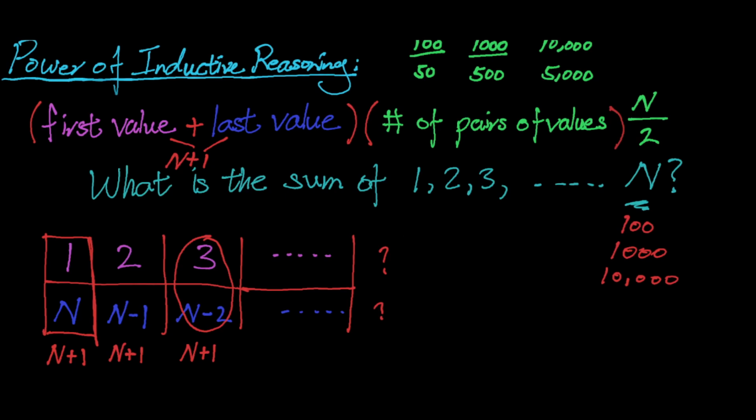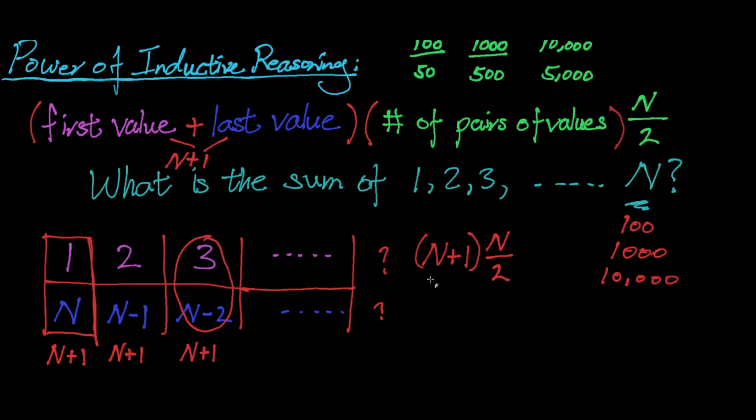So we have n plus 1 from our sum of these pairs of values, and what we're doing is we're multiplying it by a factor, in this case n over 2, because that's how many pairs of values we have.